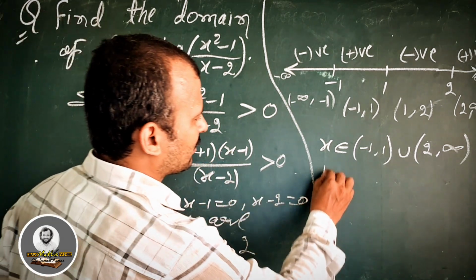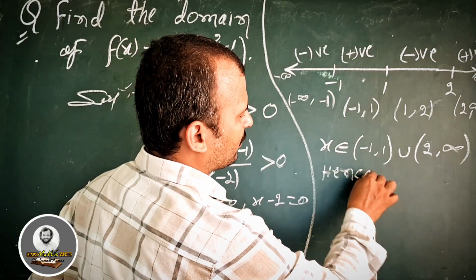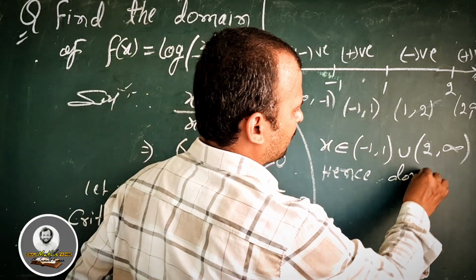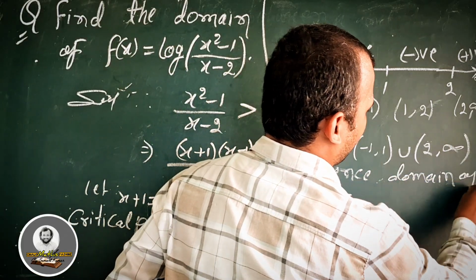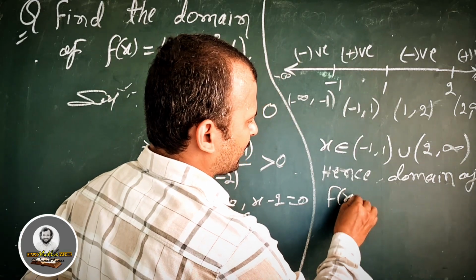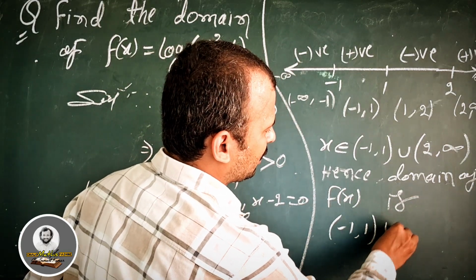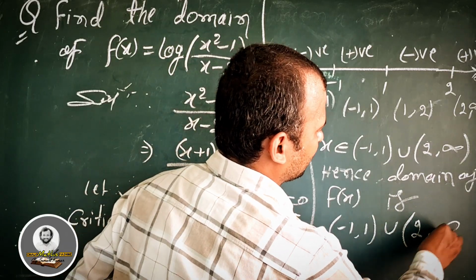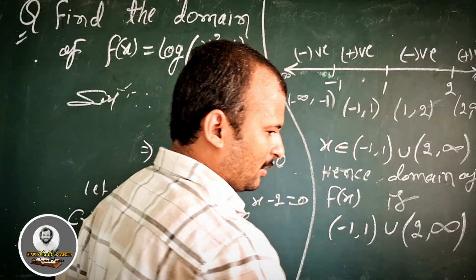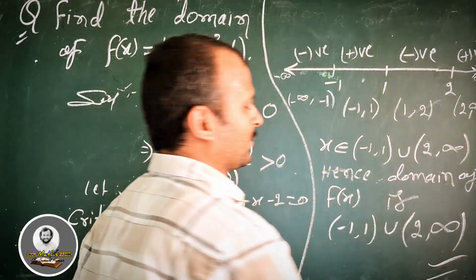Okay, hence the domain of f(x) is (-1, 1) union (2, infinity). This is the required domain of the given function.